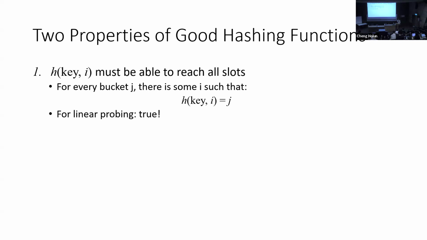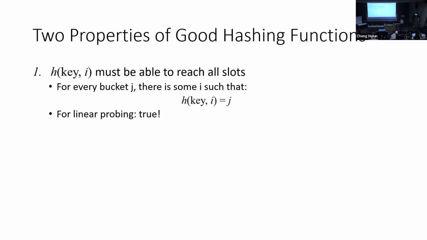You will find that some slots cannot be reached. For example, if the table size is 10, do you notice that all square numbers end with only certain digits? The last digit is only 1, 4, 9, or so. There's no square number that ends with 2, for example. You can go and figure that out.